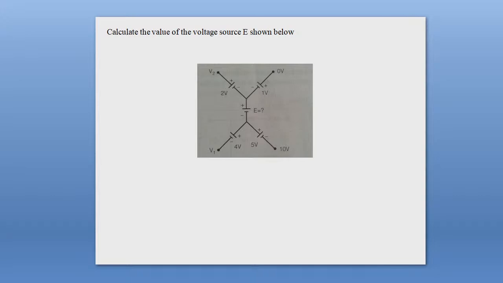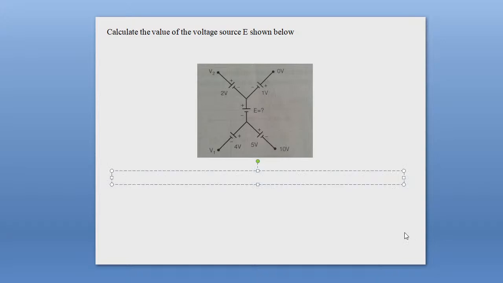The total voltage drop for this path we need to write. Everyone solve it yourself and tell me the value of E, and let me solve it and you compare your result with the result which I obtain.